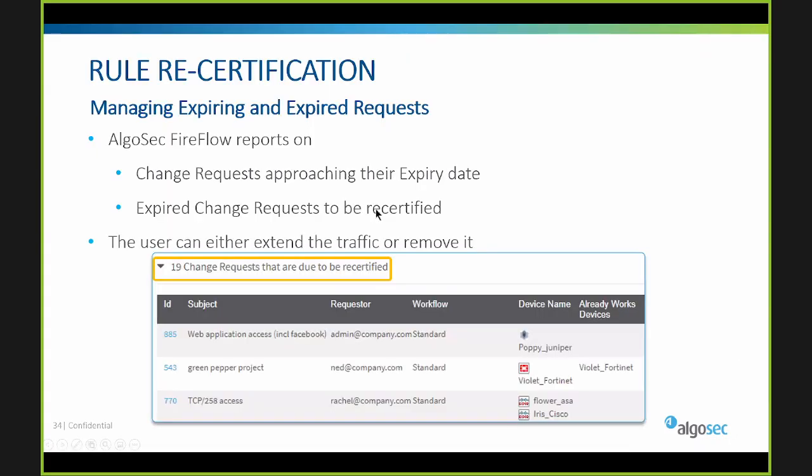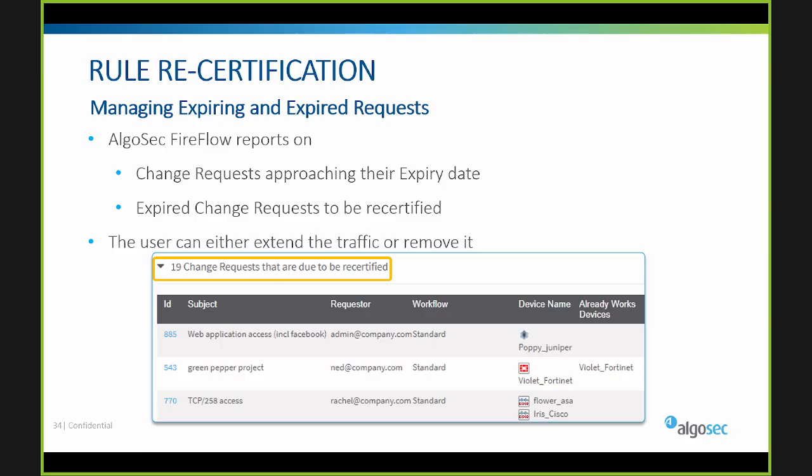That's the principle of rule recertification. We put a limit on the life, the validity of a traffic, and we can see in Fireflow change requests approaching their expiry date 1 month before. It'll show up in the queue, or change requests that have already expired and we want to do the recertification process for them.